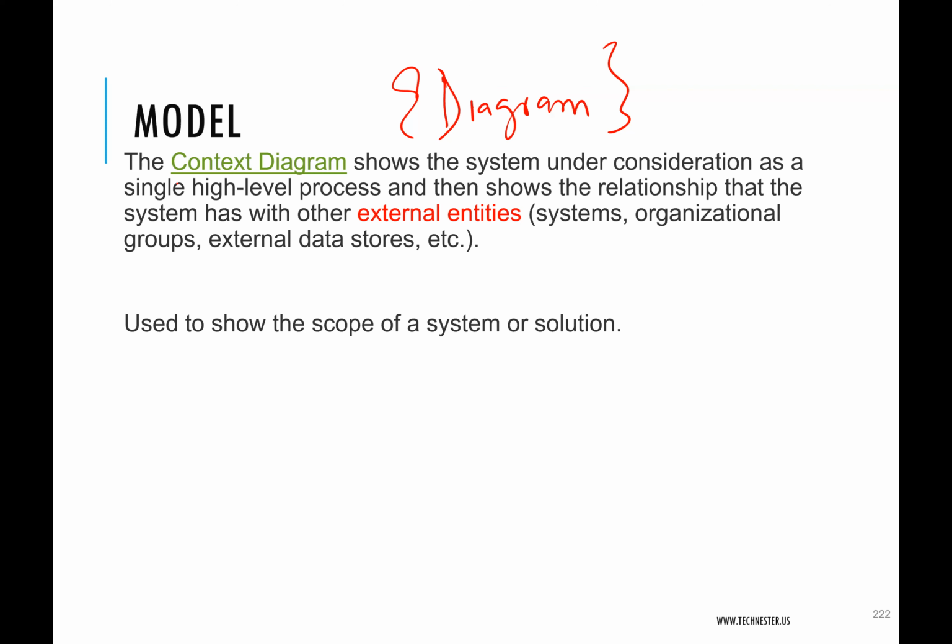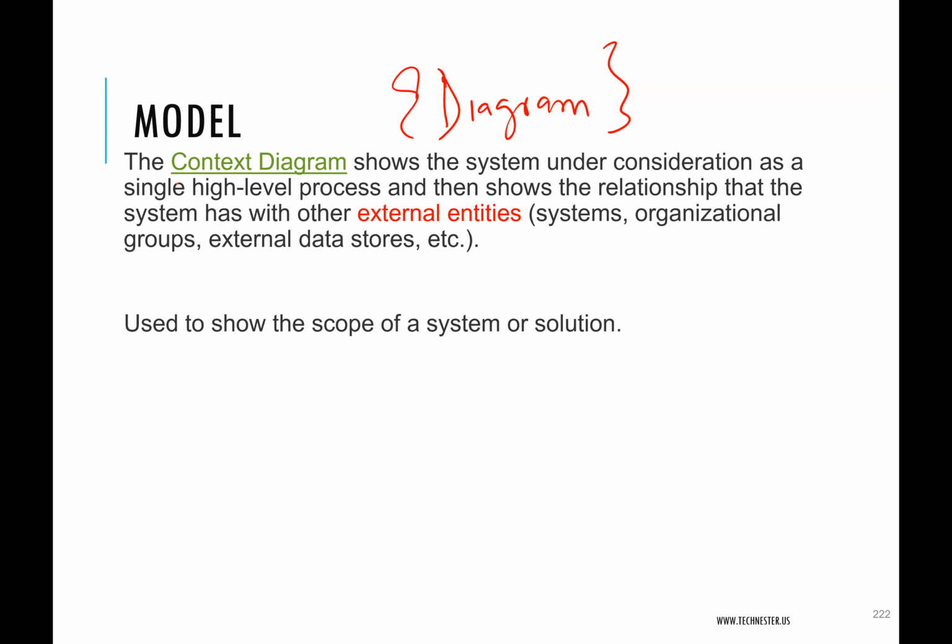And the goal of a context diagram is definitely not to show the inner workings of your system. Instead, the focus is to show the external entities interacting with your system and the messages that are passed between your system and those external entities.